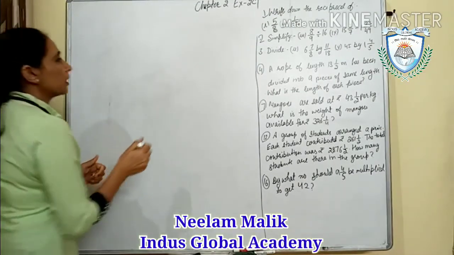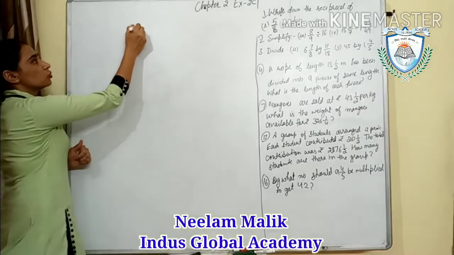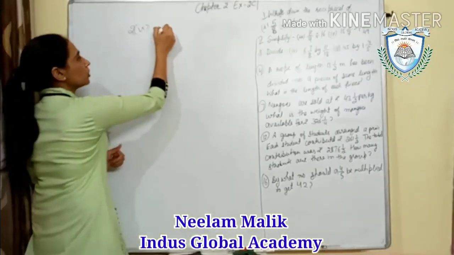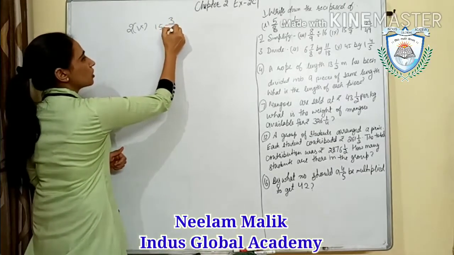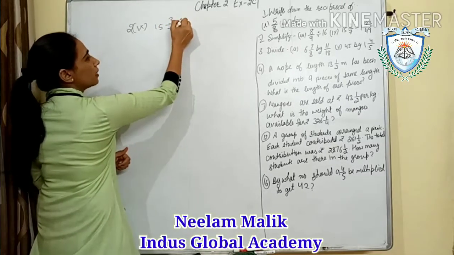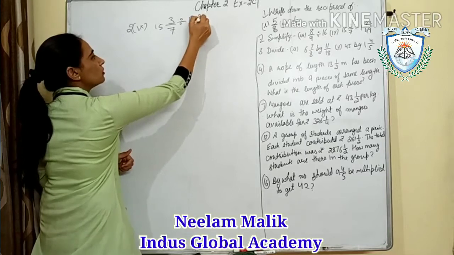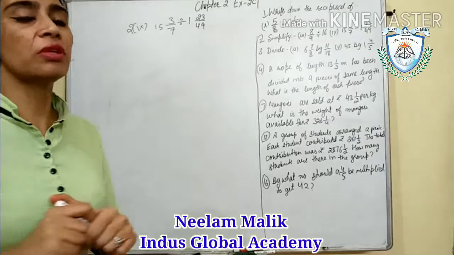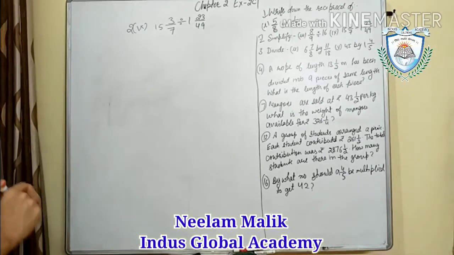Now we will start the ninth part of question number 2. Okay, so what is that? That is 15 whole 3 upon 7 divided by 1 whole 23 upon 49. First, this is given in mixed fraction, so we will convert this into improper.